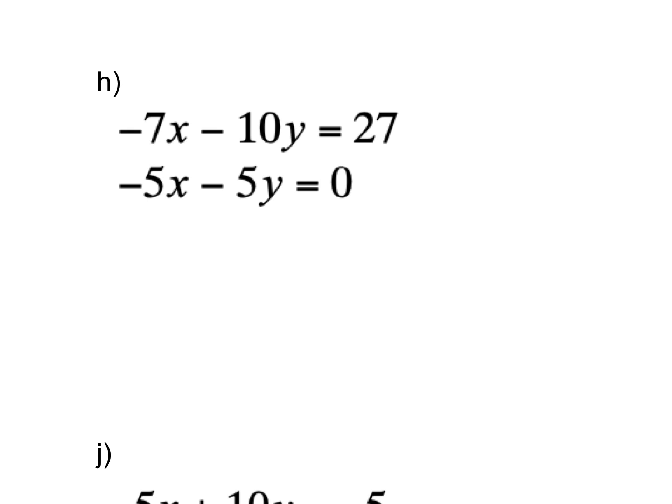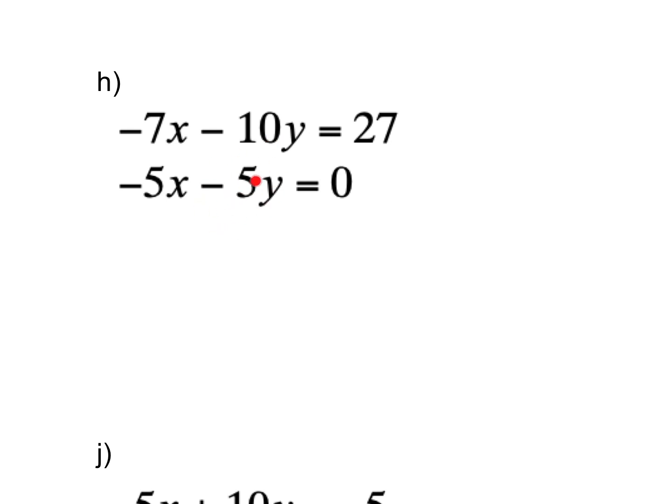In this case, we're going to have to multiply one of the two equations by a number so that we get numbers in front of our variables that will add to 0. So for this problem, I notice that in the first equation, I have negative 10y. The second equation, I have negative 5y.